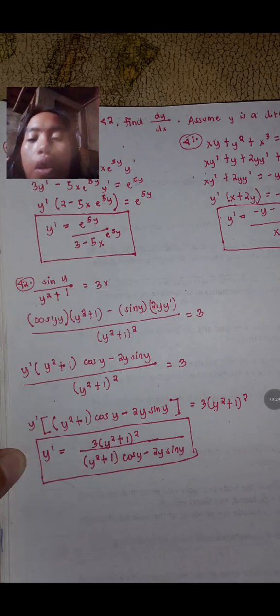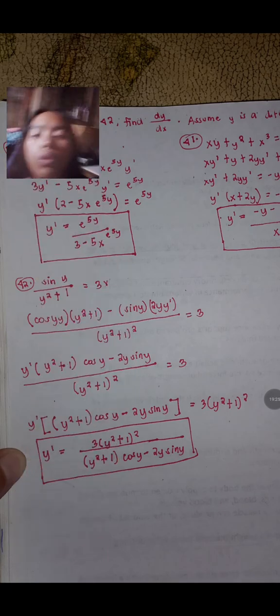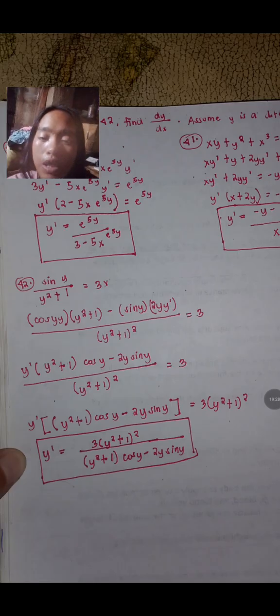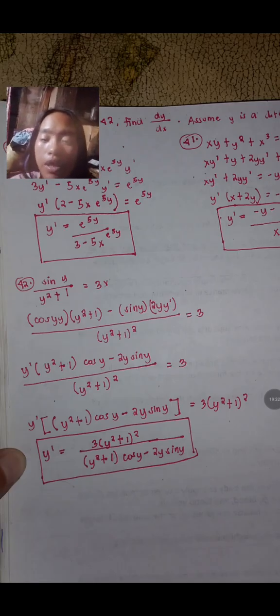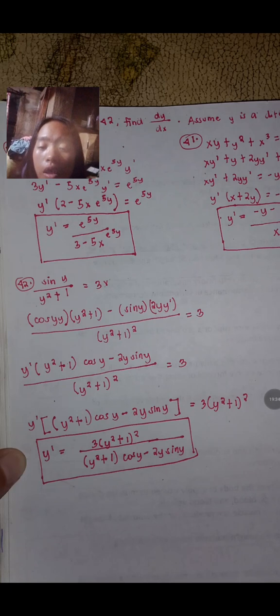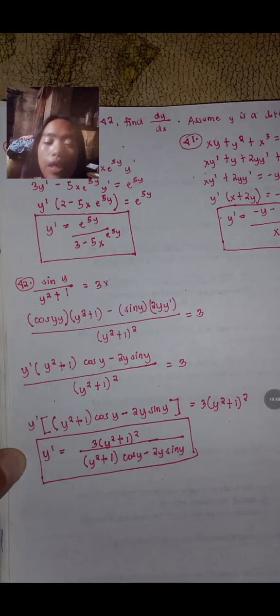Alright, so now let's move on to number 42. Sin y over y squared plus 1 is equal to 3x. So the quantity of cos y times the quantity of y squared plus 1 minus the quantity of sin y times the quantity of 2y y prime, all over the quantity of y squared plus 1 raised to 2, is equal to 3.